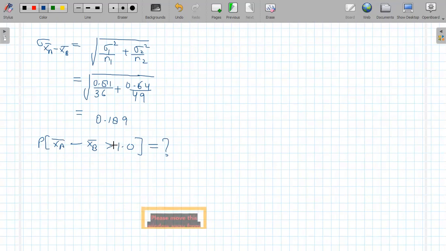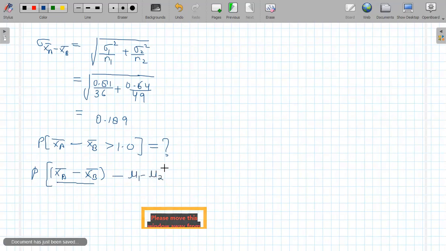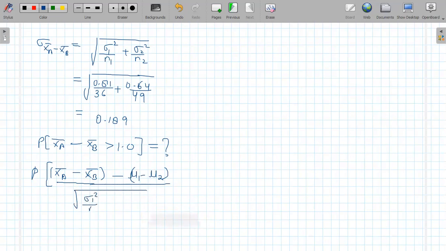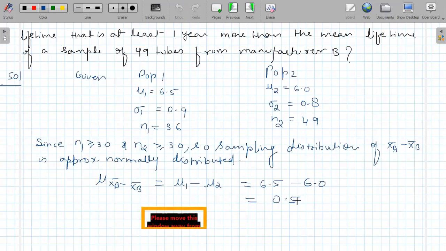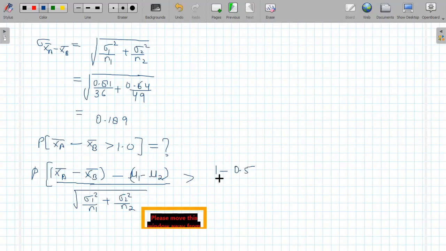So we convert this into Z by subtracting mu1 minus mu2 from this variable and dividing it by the standard deviation of this distribution. Probability Z greater than 1 minus the mean difference 0.5, divided by the standard deviation value we found here, 0.189.